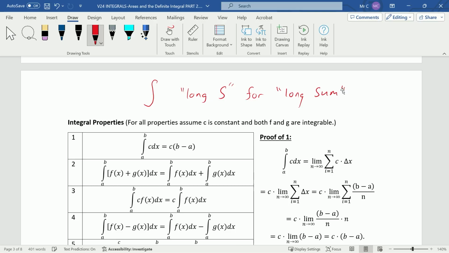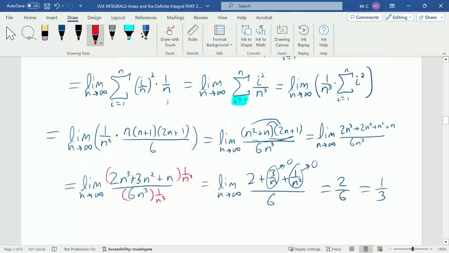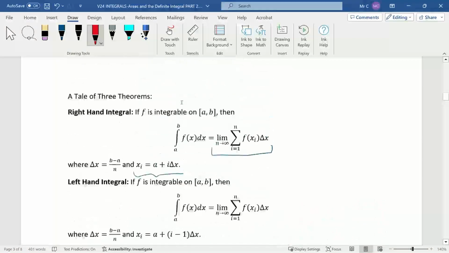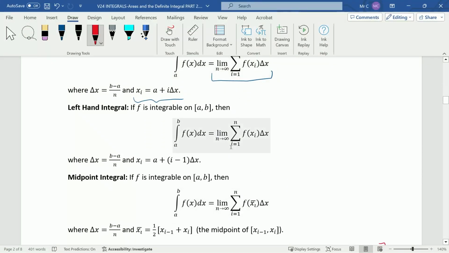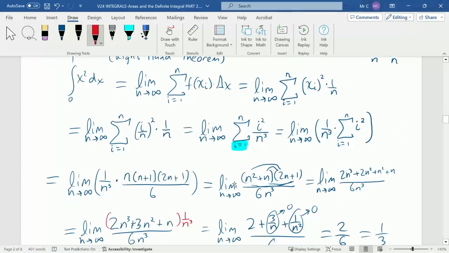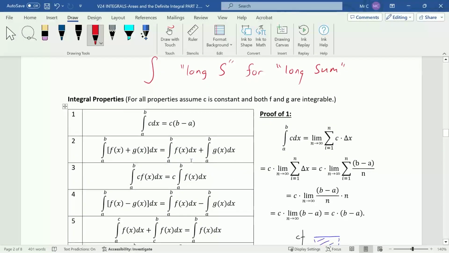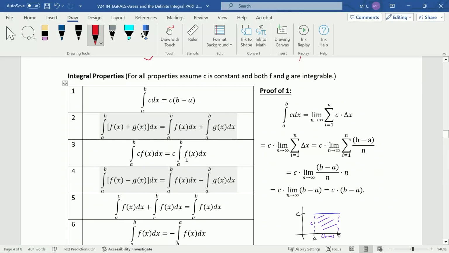Right? That's what the integral is doing. This whole thing is about these limits of these Riemann sums, right? That's what the integral is. So when I try to think of what the properties of integrals are, it all comes down to what the properties of sums and limits are.